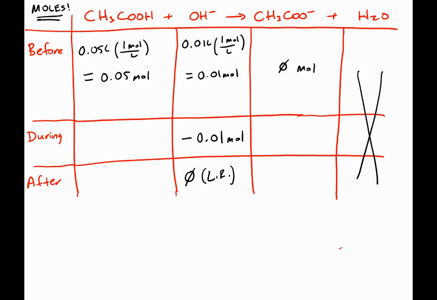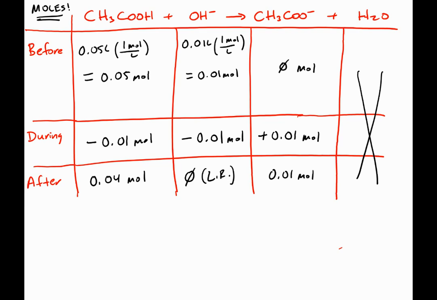And you also, due to the 1-to-1 mole ratio, consume 0.01 moles of acetic acid, and you make 0.01 moles of the acetate ion. When you add it all up, combine everything together, what you find is you'll have 0.04 moles of acetic acid left over, and you'll have made 0.01 moles of the acetate ion.